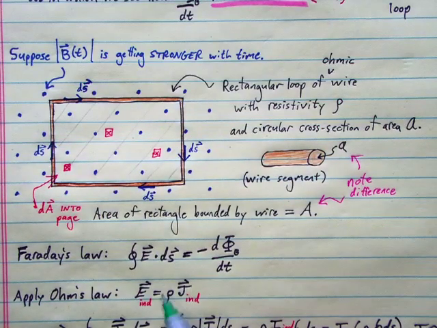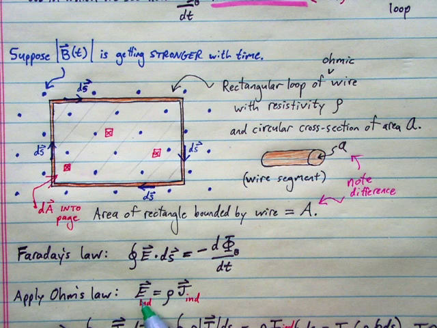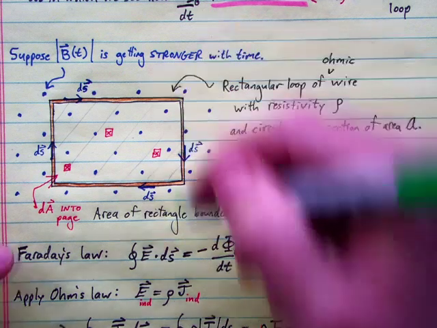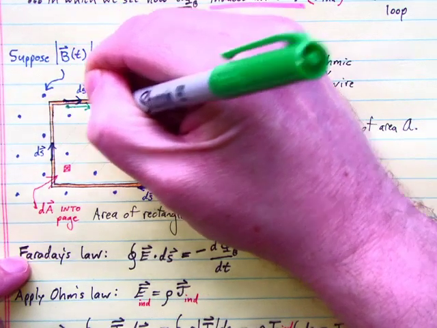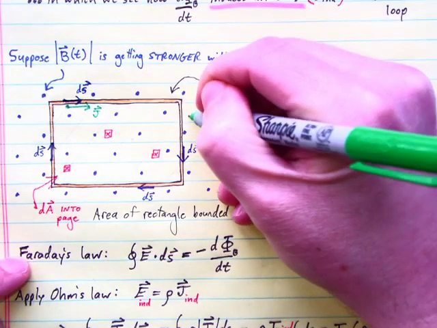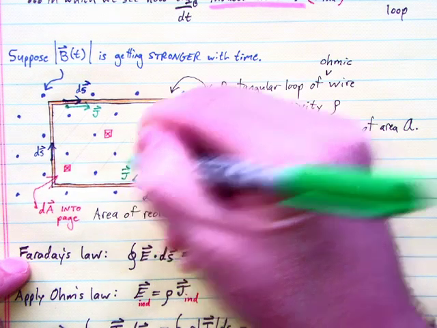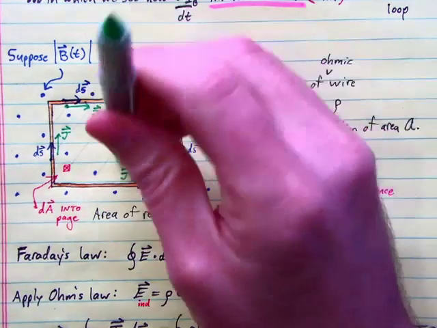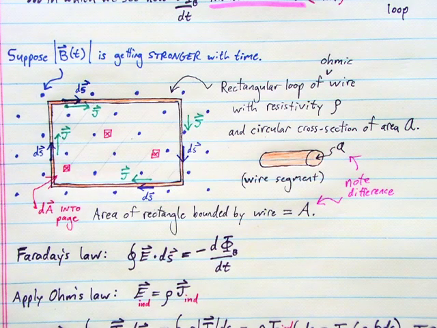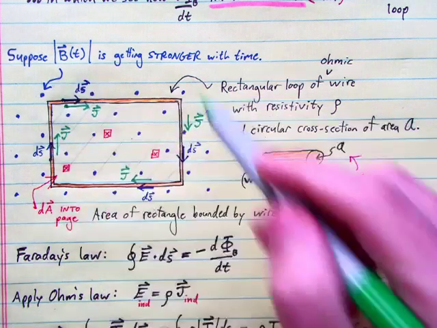So our induced electric field, if this material is ohmic, can be related to the induced current density J. Our current density J must also be pointing clockwise at all points on our wire in order to generate the needed magnetic field into the page to oppose our increasing magnetic flux out of the page. So our induced E and J are pointing in this clockwise direction.